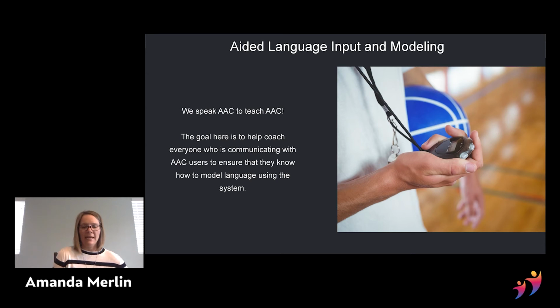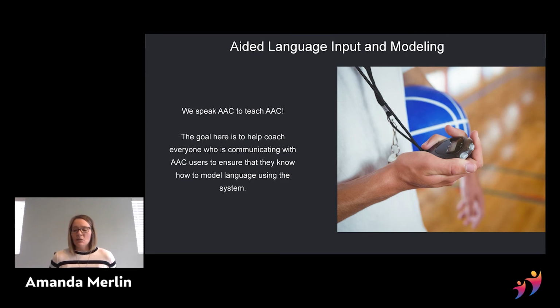So if I was saying, hey, Johnny, let me open this up. Hey, Johnny, let's go to the store. I'm gonna model go because my little buddy Johnny is a brand new AAC user, and he's not even looking at the screen when I'm modeling right now. So he's not even pushing one button. I'm just modeling one button right now.